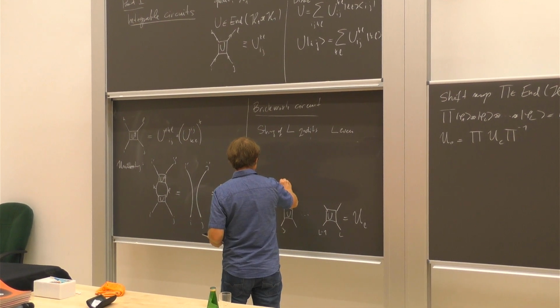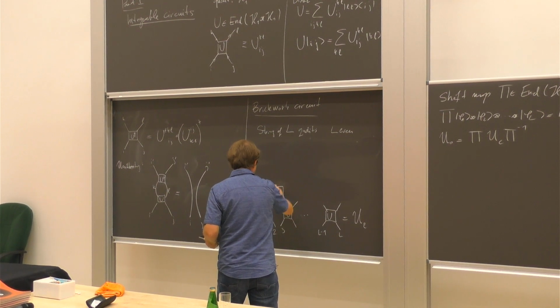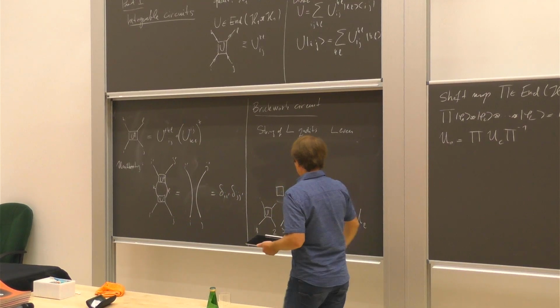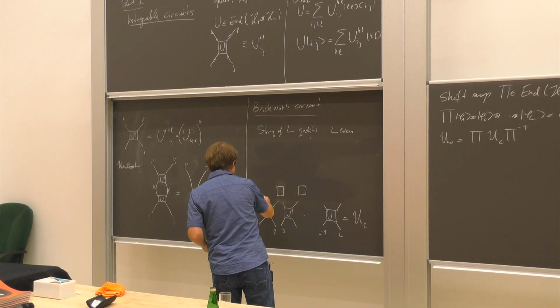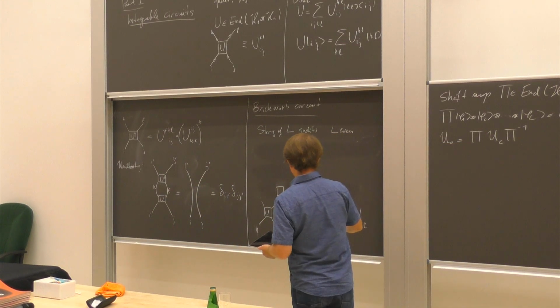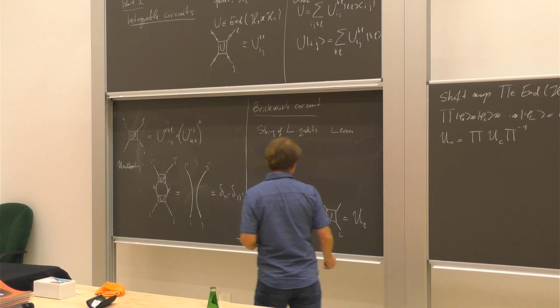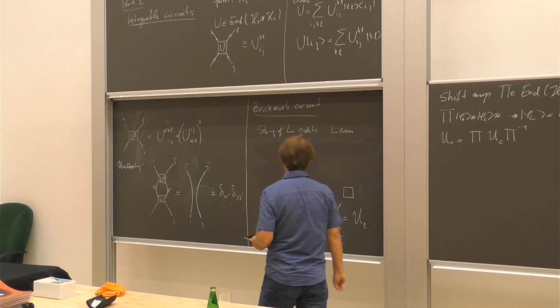So put one box here, one box here, and then whatever. Now, I have periodic boundary conditions, so I would have to make half a box on the left and half a box on the right. I don't know if I want to do that. Maybe I'll just put a box like this.